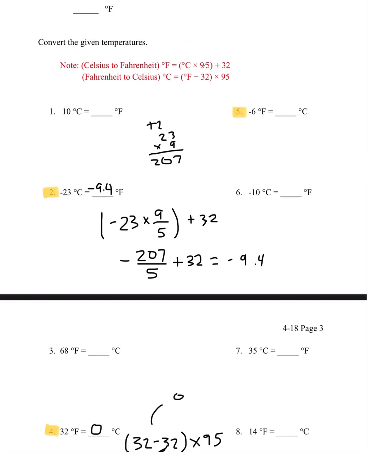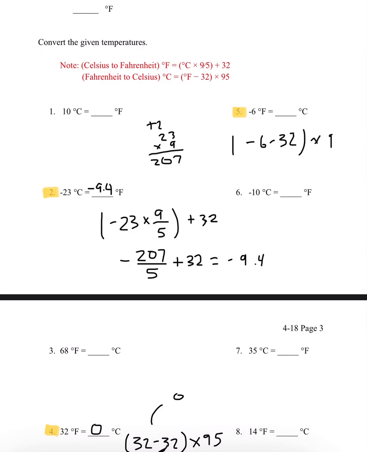Lastly, number 5, we're converting from Fahrenheit to Celsius. So we'll be using this equation, the fraction. Oh wait, no. We're actually going to be using this equation. So we have Fahrenheit, which is negative 6, minus 32, times 5 over 9.